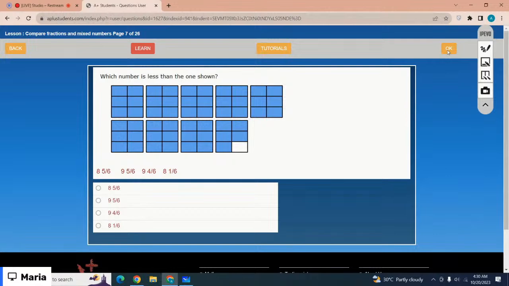Very good. That would be 8 whole 1 over 6. The only number that is less than 8 whole 5 over 6 is 8 whole 1 over 6. The last option is the correct option.